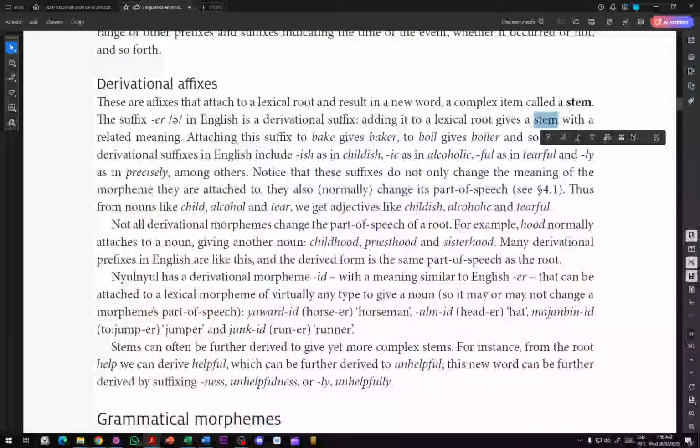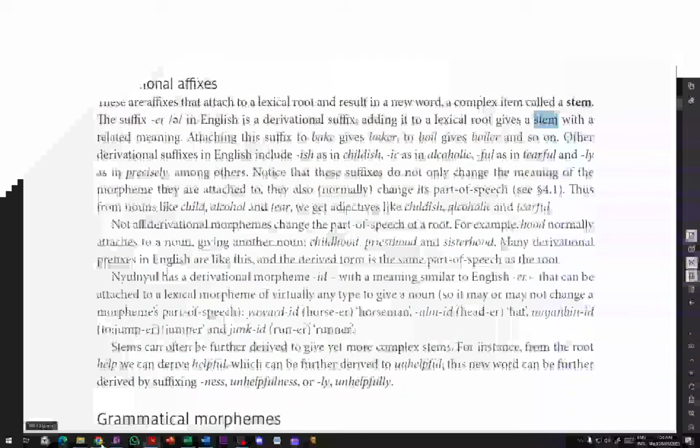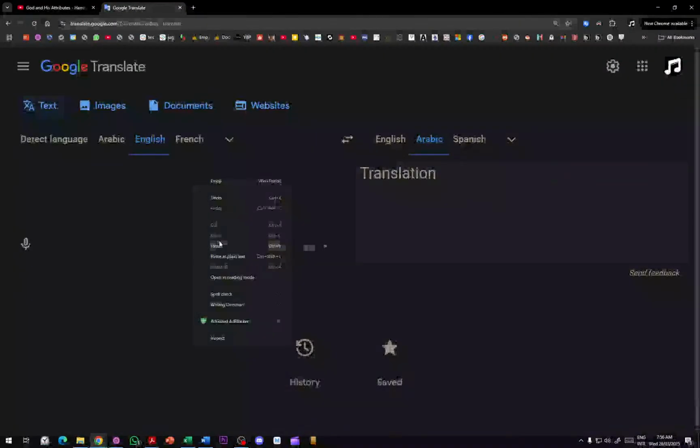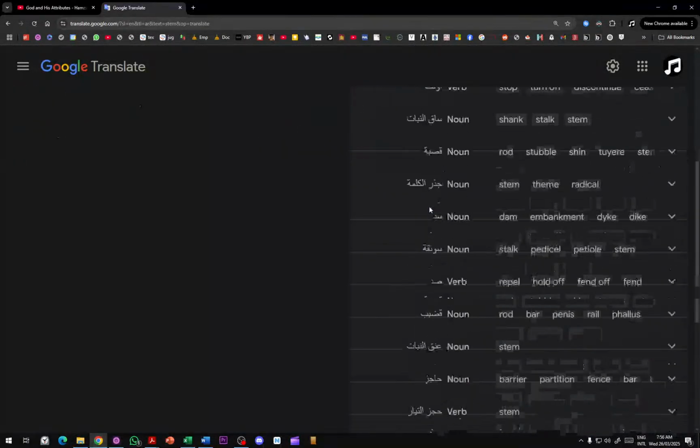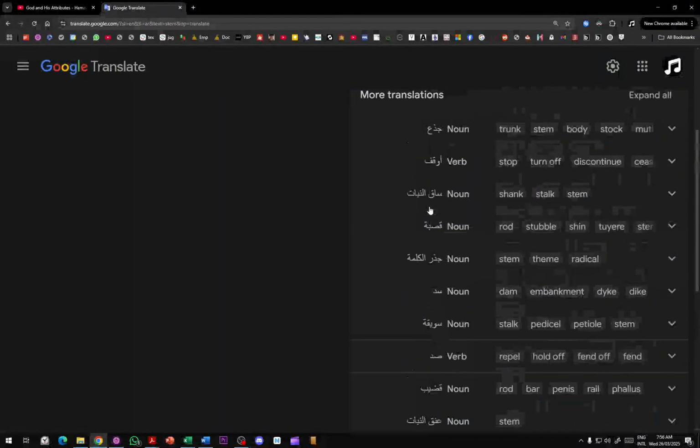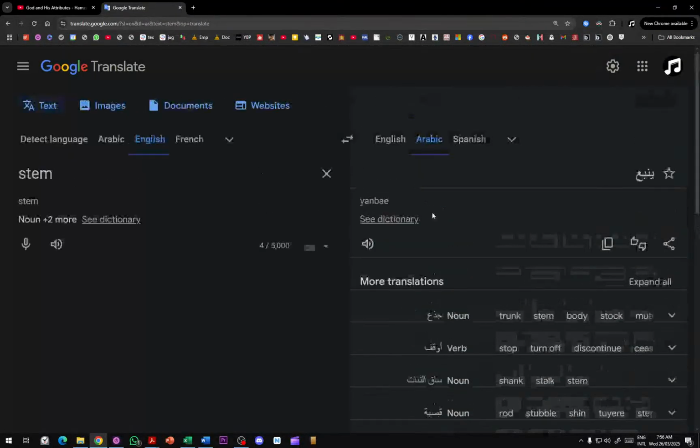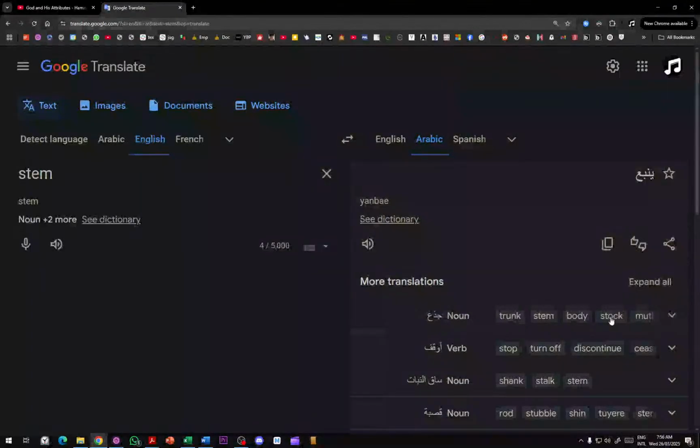What does stem mean? Branch? Trunk, body.